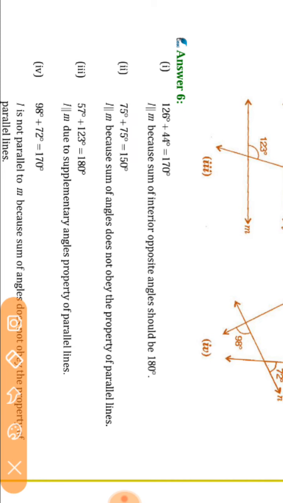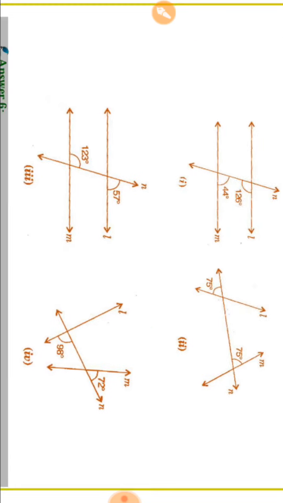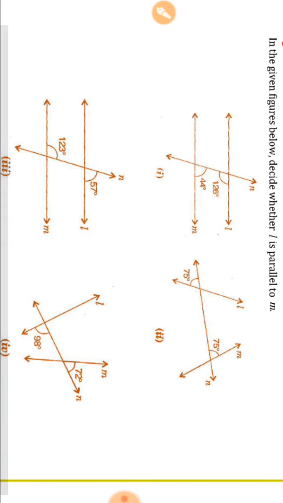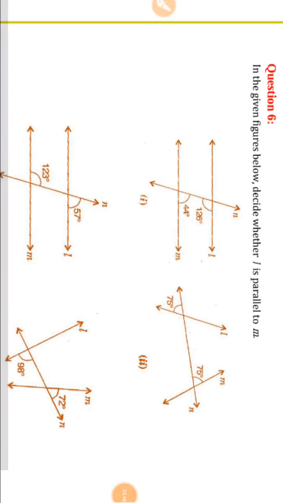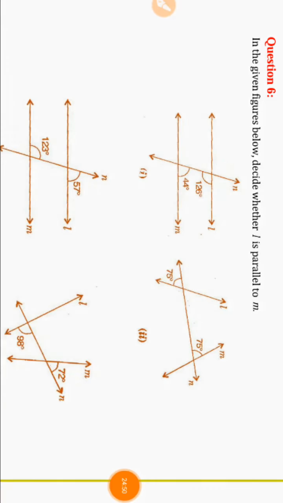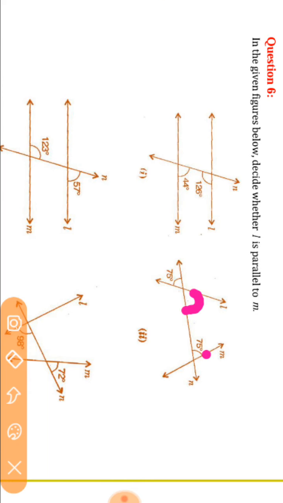Then next one, here also see, even we can add this. Okay, this is also 75 degree. Then 75 plus 75 is not 180 degree.